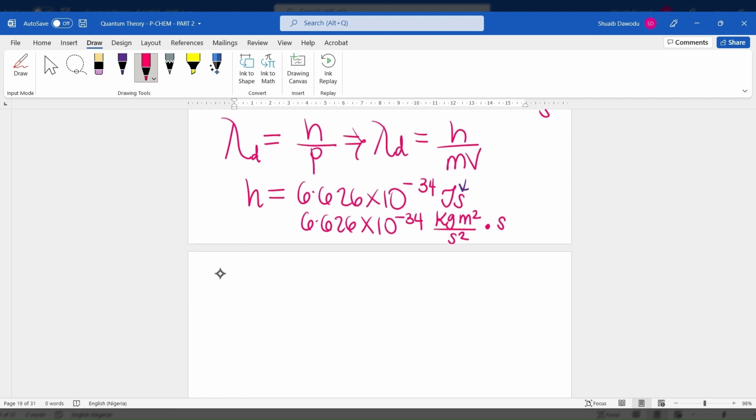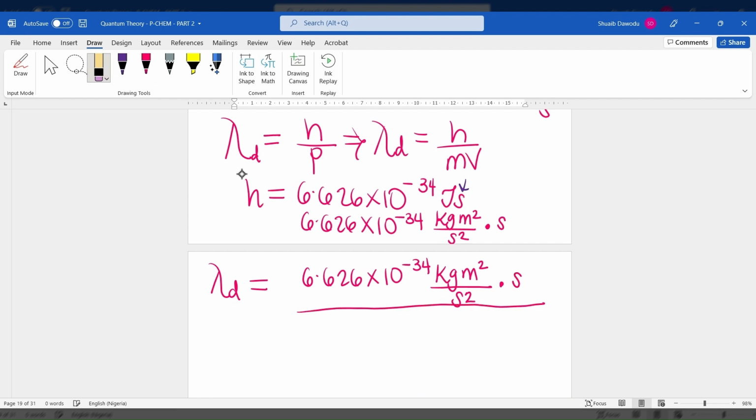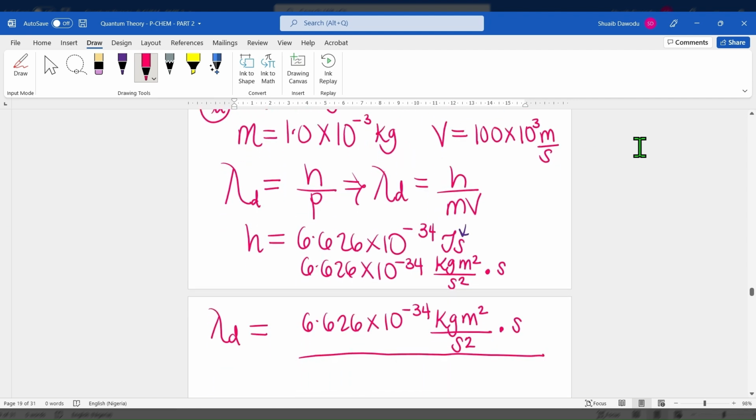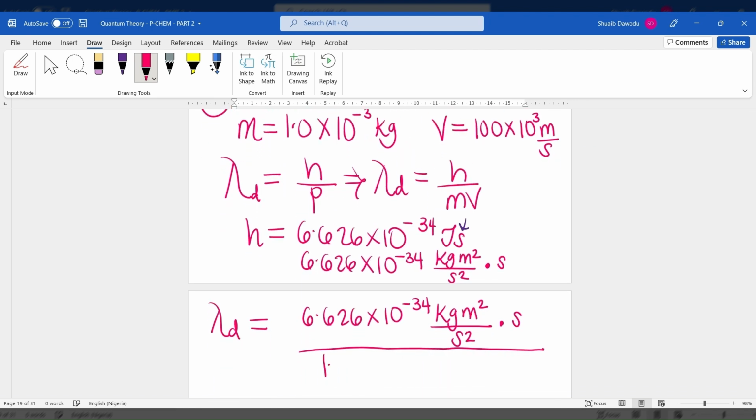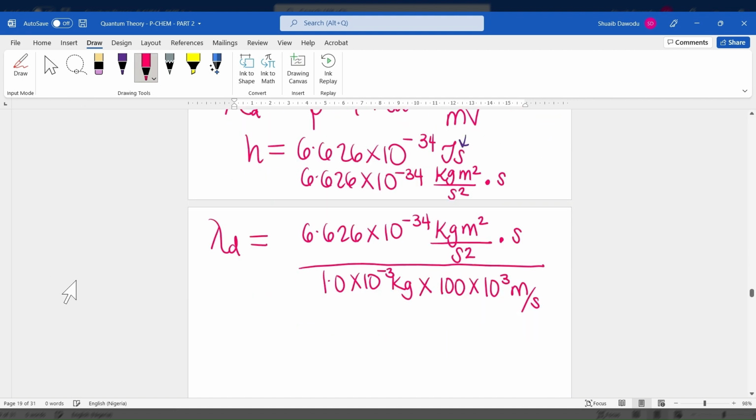So lambda sub d is simply 6.626 times 10 raised to the power of negative 34 kilogram meters squared per second squared, multiplied by seconds, divided by the mass, which is simply 1.0 times 10 raised to the power of negative 3 kilograms, times the velocity, which is simply 100 times 10 raised to the power of 3 meters per second.